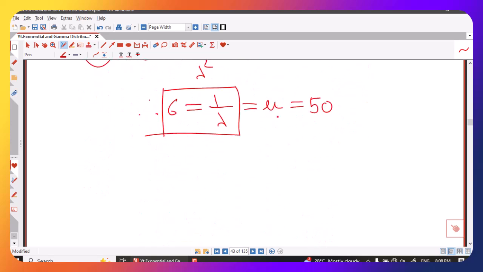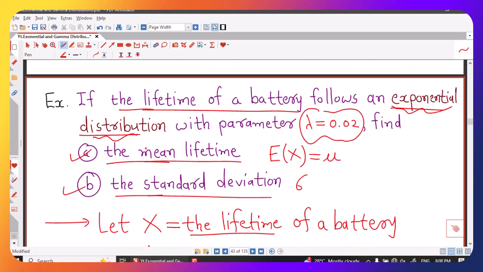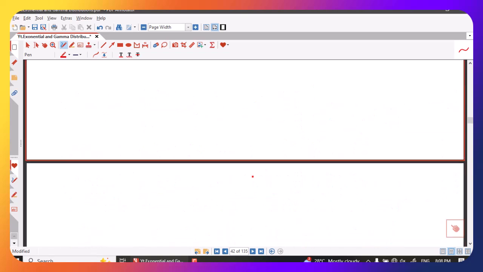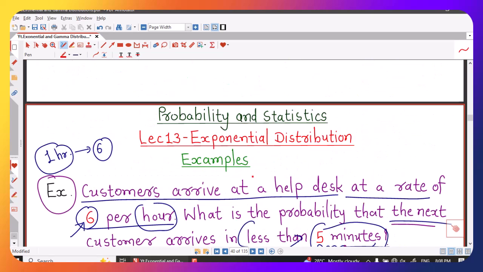So here we have to just answer these two parts: the mean lifetime, that is expected value of X, which is 1 by lambda, and that is equal to 50, and the standard deviation is equal to the mean, and that is also 50. So in this way we can solve this type of problems related to exponential distribution easily.